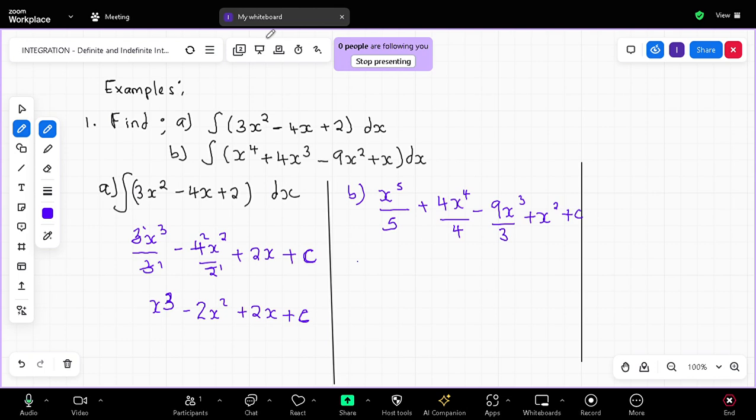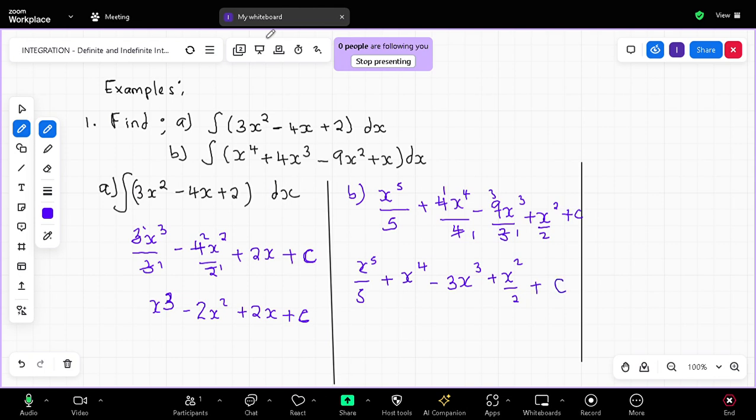So this gets you x power 5 over 5 plus x power 4, minus 3x cubed plus x squared. This one should be x squared over 2. I had forgotten to put that. X squared over 2 plus a constant term c.